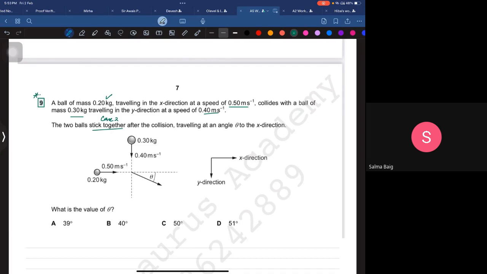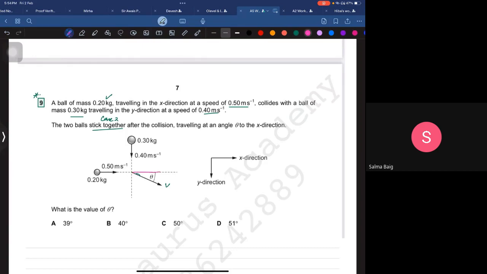And interestingly, when they stick together, they have not actually given any speed here. So let's assume that it has a speed v later on. Now the first thing is that because this is a two-dimensional momentum question, we got to separate these two into horizontal and vertical first. So I'm going to do that.